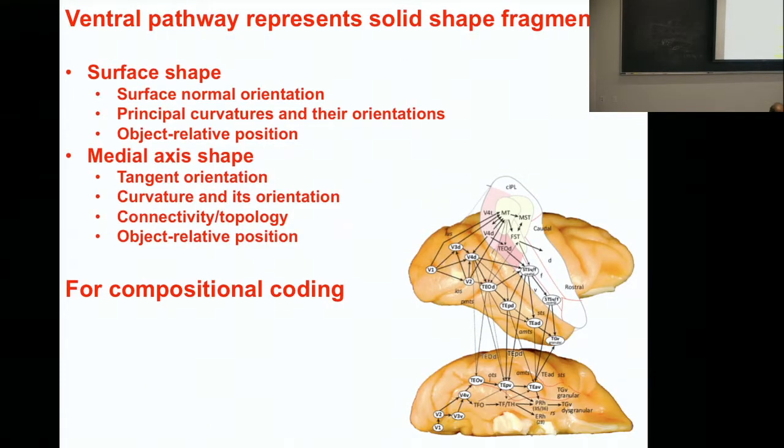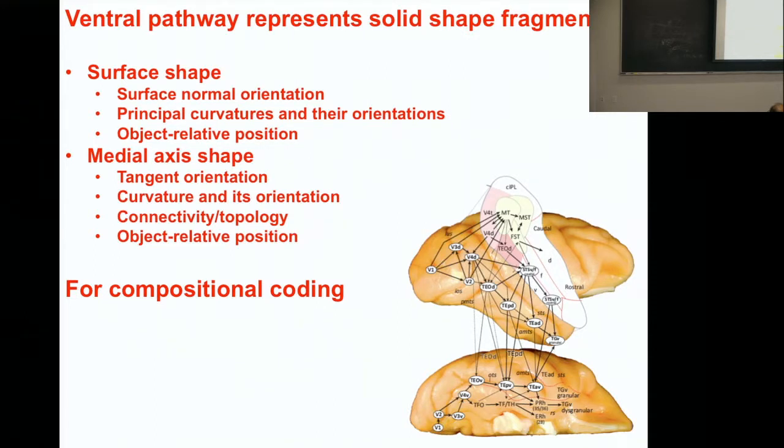This is my conclusion slide, and my main takeaway from this talk, or the takeaway I would like you to have, is the idea that the ventral pathway represents solid-shaped fragments for the purpose of compositional coding.